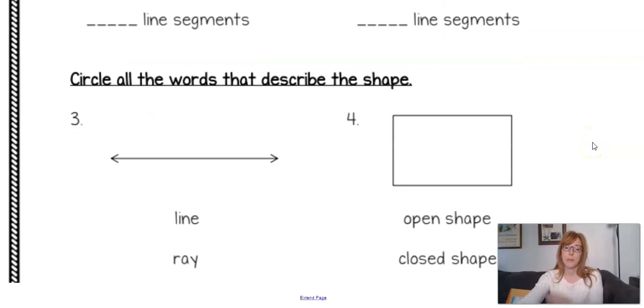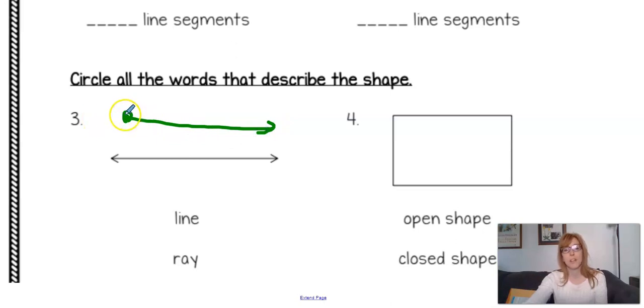So another review for Chapter 12, Lesson 1 was to circle all the words that describe the shape. Now remember, a ray has a dot on the end, and then it has a line with an arrow.